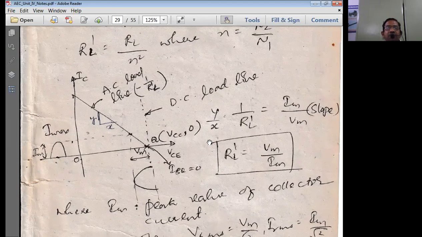And most importantly, you have to write the load line analysis, the AC load line. The AC load line is nothing but -1 by RL dash. It is a decreasing slope that we already know. And the Q point is on the x-axis, that means the Q point resides on the zero line.